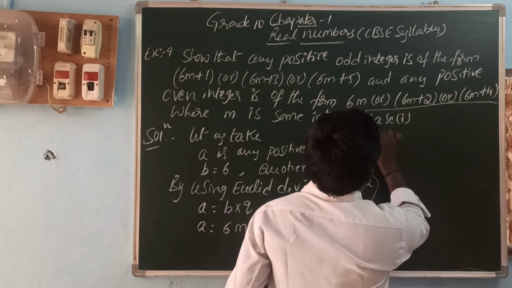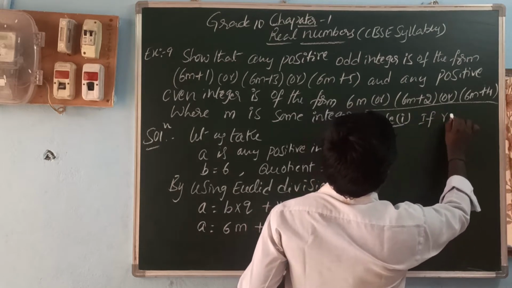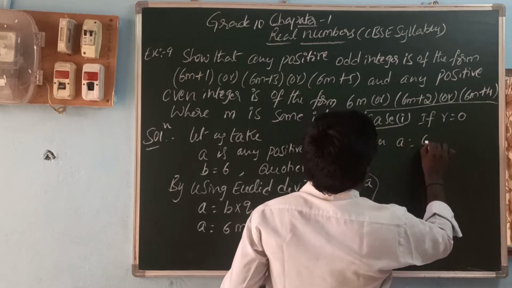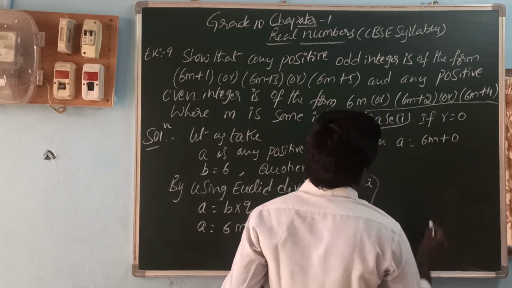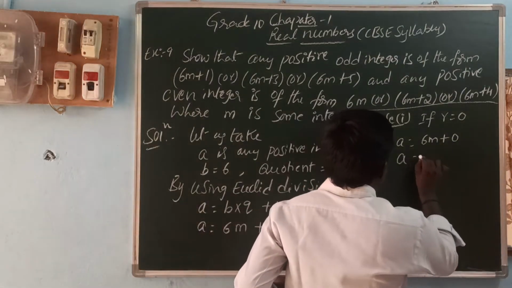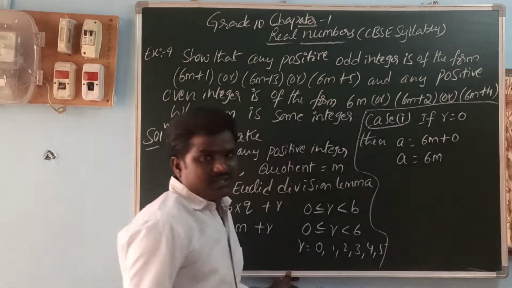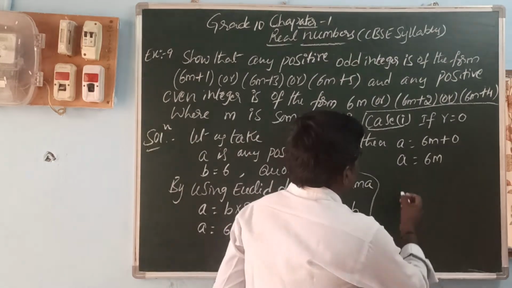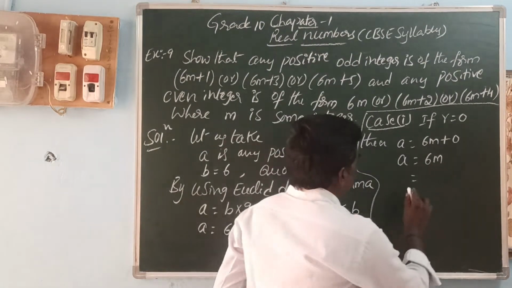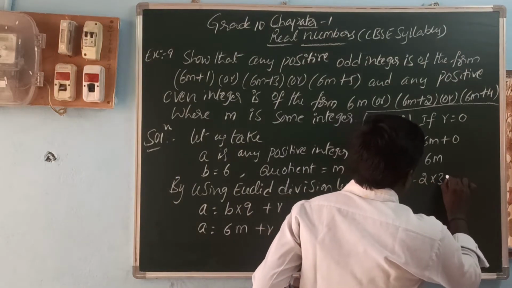Case 1. If r is equal to 0, then a is equal to 6m plus 0. Adding 0 to anything, we get the same, so a is equal to 6m. How can you write 6? 2 times 3, so here 2 into 3m.